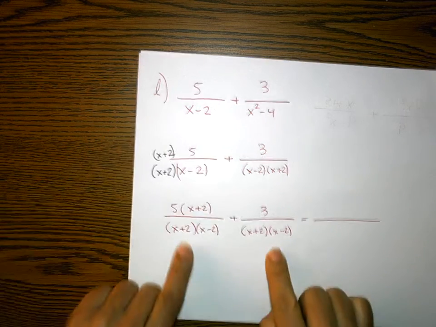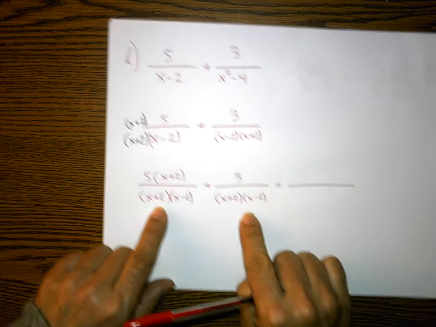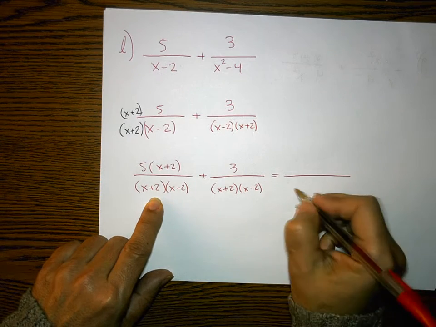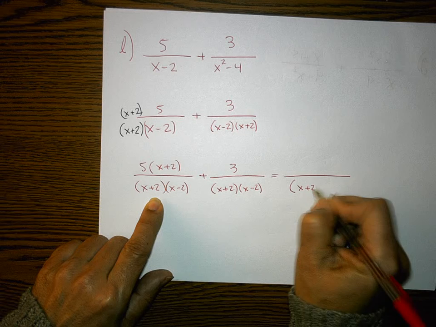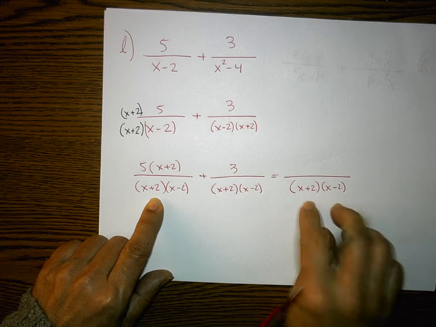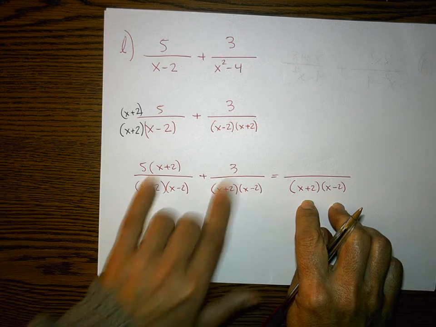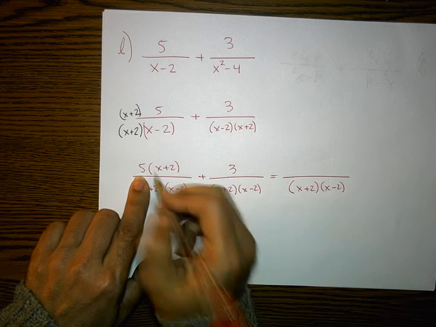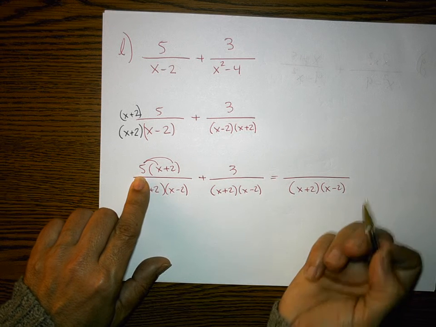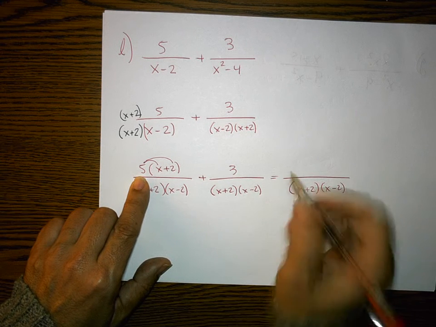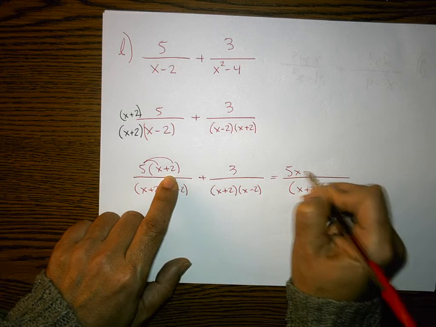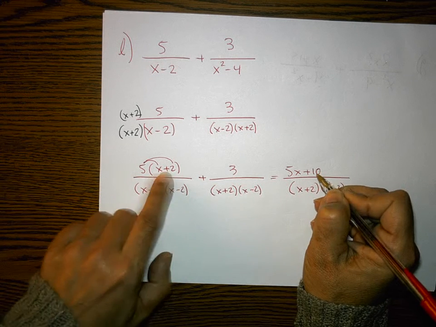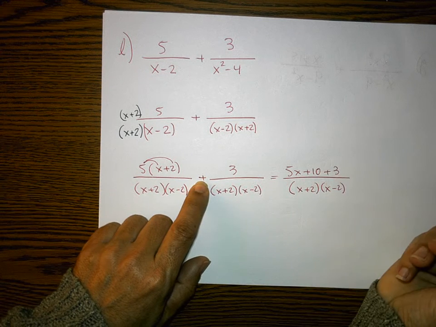And now that I have a common denominator, I can go ahead and add my numerators. My x plus 2 times my x minus 2 is my denominator for both fractions. But now I can add this. You will have to distribute here so you can combine like terms. We would have a 5x plus a 10, 5x plus a 10 plus a 3. Okay?